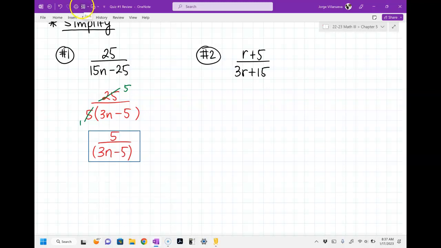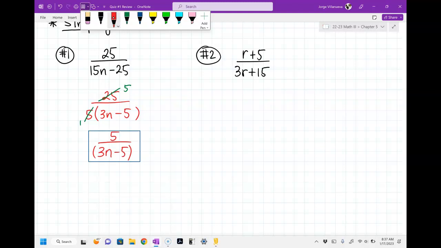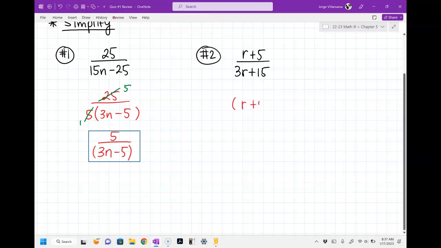So since I can't do anything to the top, I'm going to rewrite this with the parenthesis around the R plus 5. That's just my own habit. You don't have to do it, but you'll see why I like to do it, okay? Now I look at the bottom and I ask myself, again, starting with the question, do they have anything in common? Well, what do they have in common?